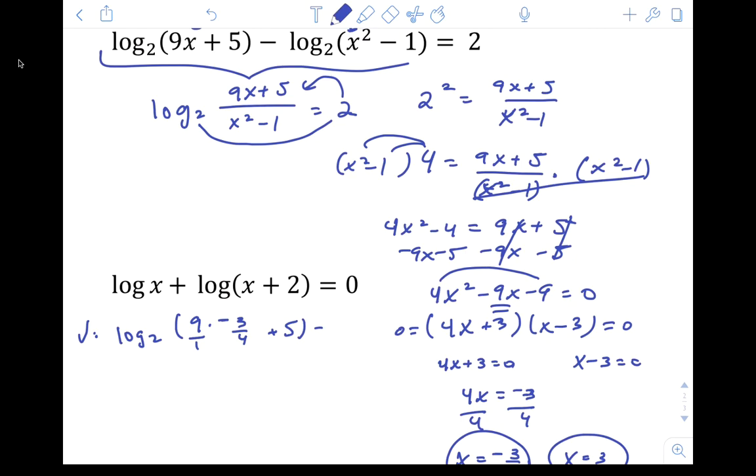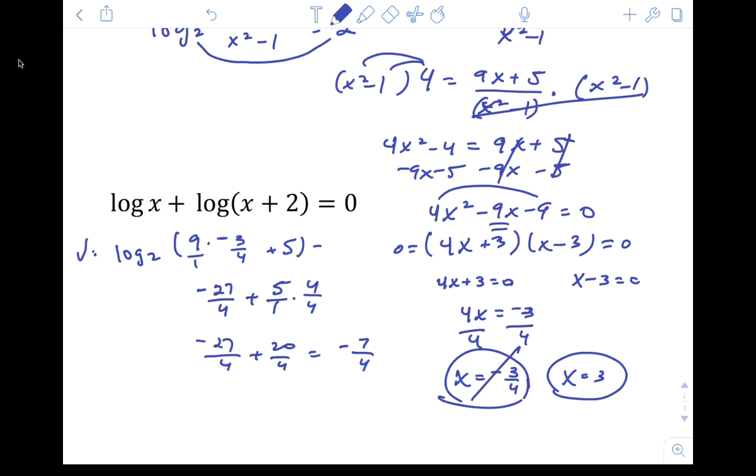Negative 3/4 times 9 is negative 27/4. When I add 5 over 1, I have to get a common denominator. So I have negative 27/4 plus 20/4, which equals negative 7/4. Sweet, that means this one is out. I don't have to do anything else with that. You can't take the log of a negative number, negative 7/4 in that case.